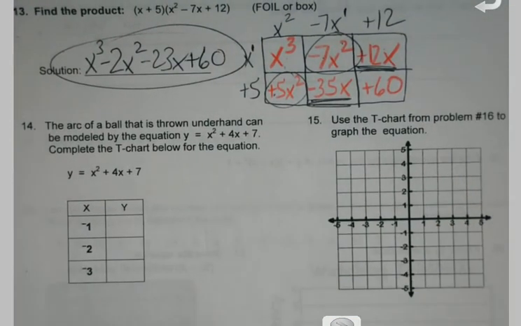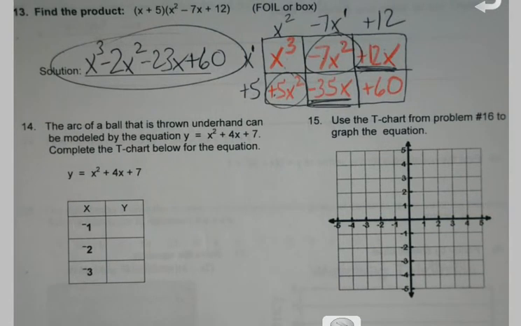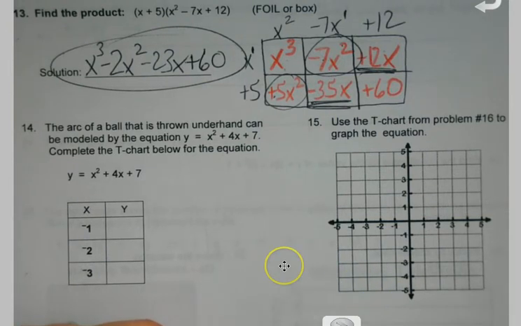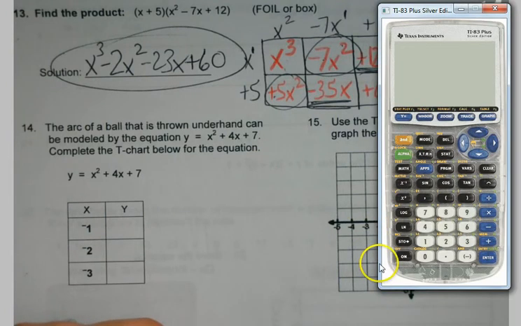All right, let's see. The arc of a ball that's thrown underhand can be modeled by the equation x squared plus 4x plus 7. Complete the t-chart below for the equation. Okay, so basically just plug the numbers in. Now, there's actually an easier way maybe to do this. I could substitute, okay? Let me show you a couple of options you got here, because it's always good to have extra options.